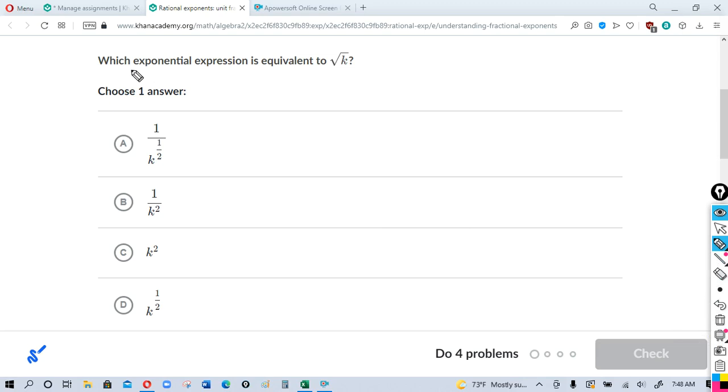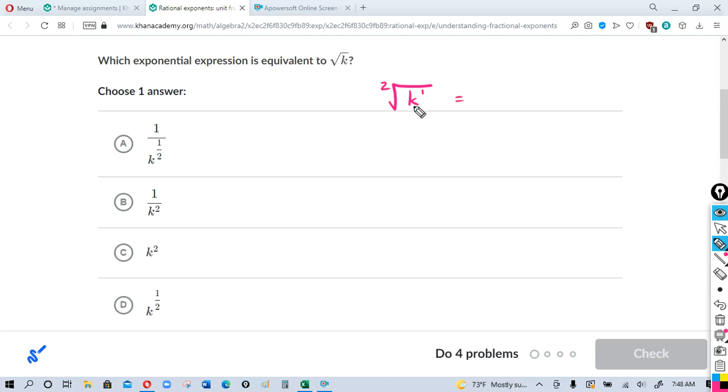All right, so which expression is equivalent to the square root of k? Well, we said a minute ago, for the square root, the root is actually 2, okay? That's the only case where you don't write it. And k doesn't have an exponent on it. It's the same thing as if it were k to the first power, okay?